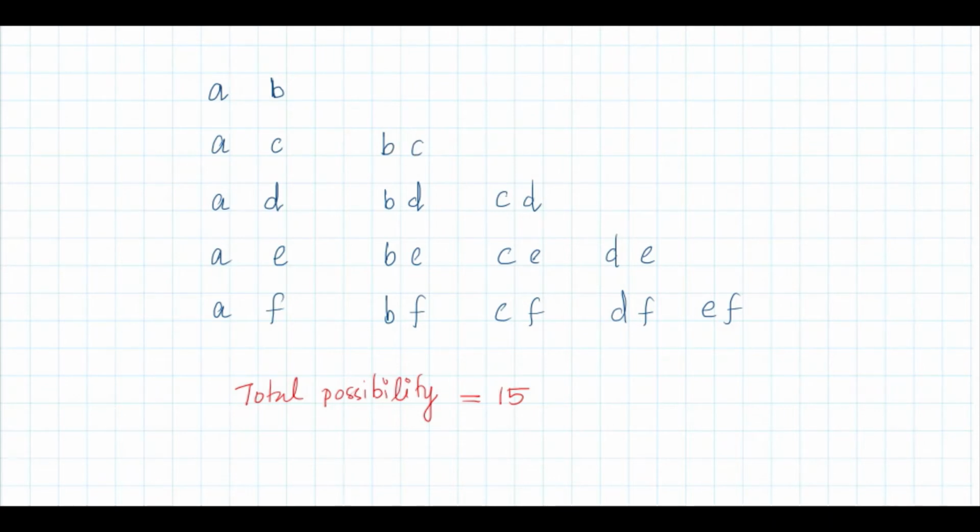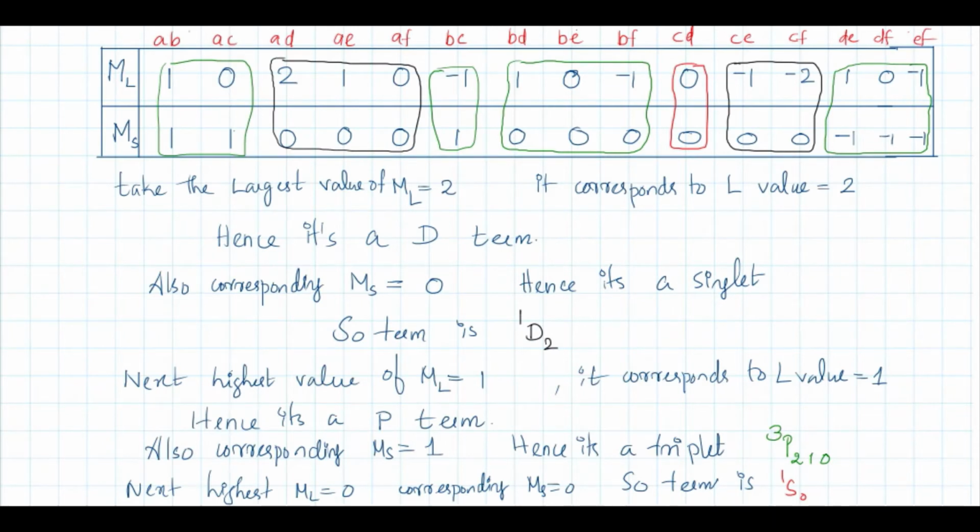So BC, BD, BE, BF. And the next: CD, CE, CF, DE, DF, EF. So these are the 15 possibilities for the 2 electron system. For a single electron, there are 6 possibilities. For 2 electrons, according to the Pauli exclusion principle, there are only 15 allowed states.